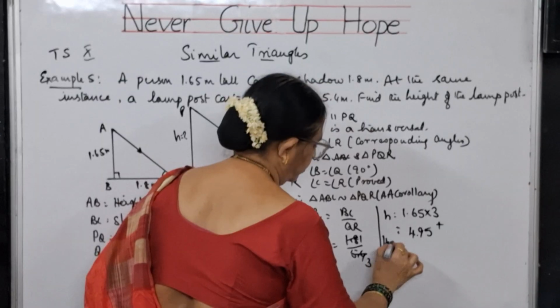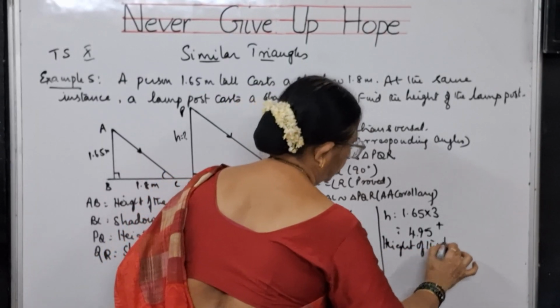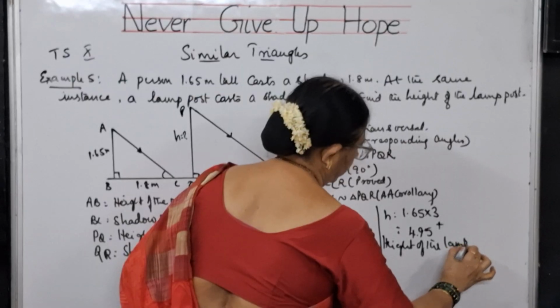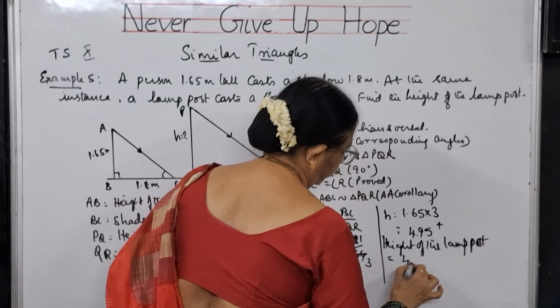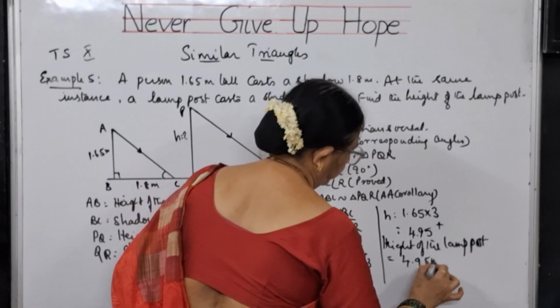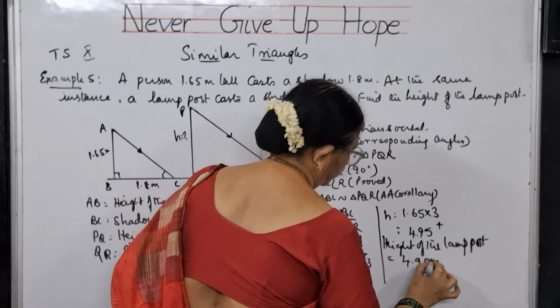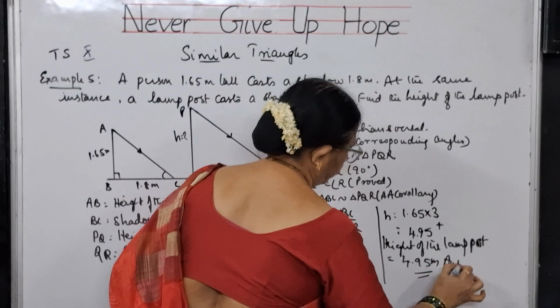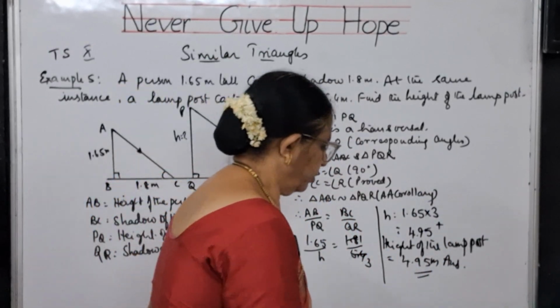Height of the lamp post is equal to 4.95 meters. This is the answer, children. Please note it down.